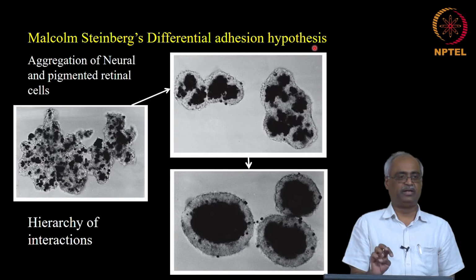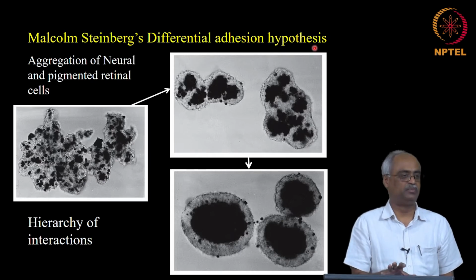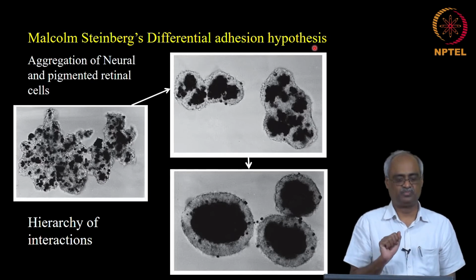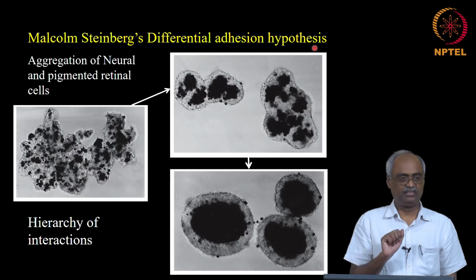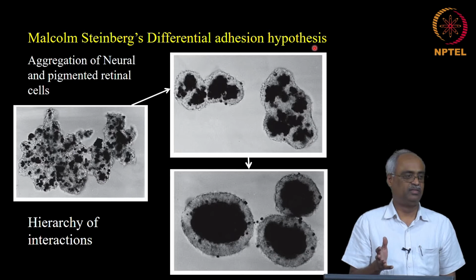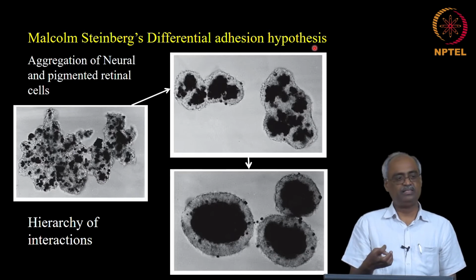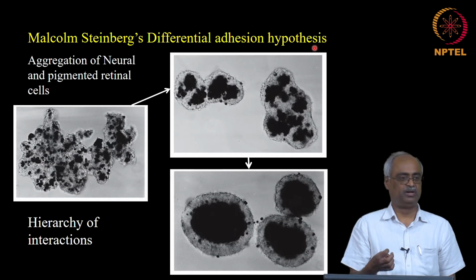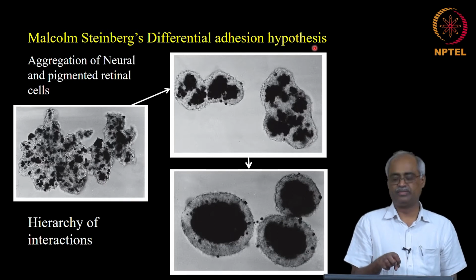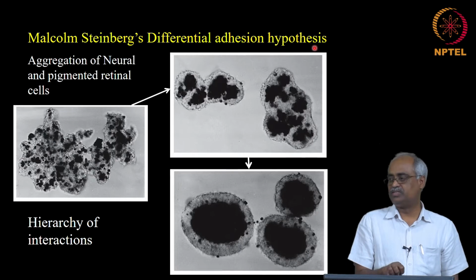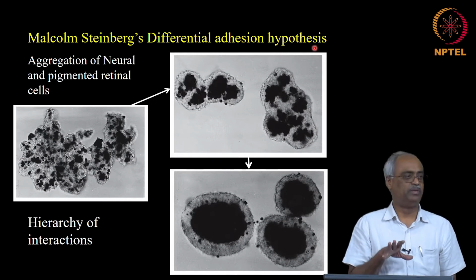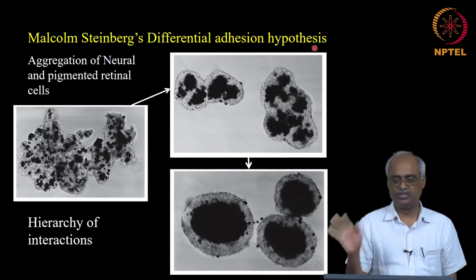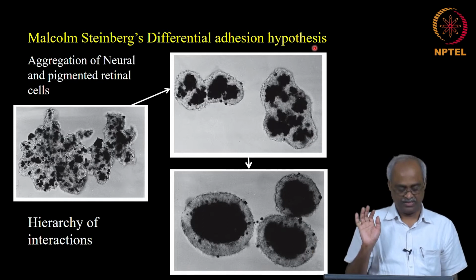So, the embryonic arrangement is basically an equilibrium of these forces. So, the cells are organized such that the final structure is thermodynamically more stable. So, cells having higher surface tension or force of attraction among themselves, they go to the central part of the embryo. So, that is all the differential adhesion hypothesis.